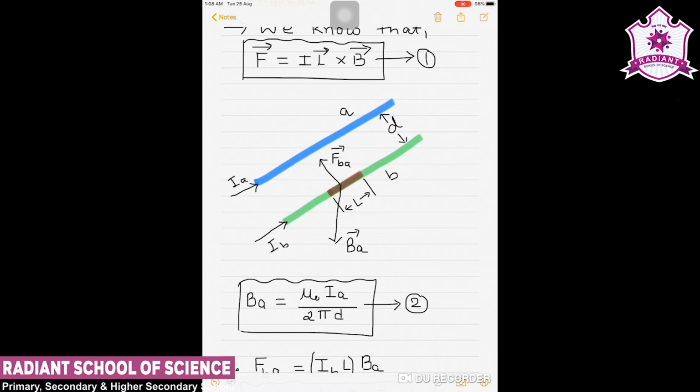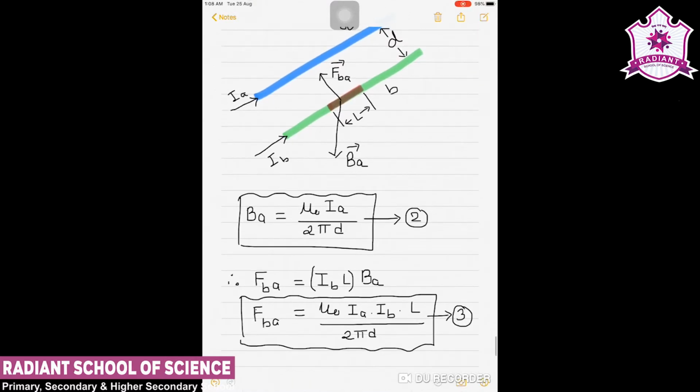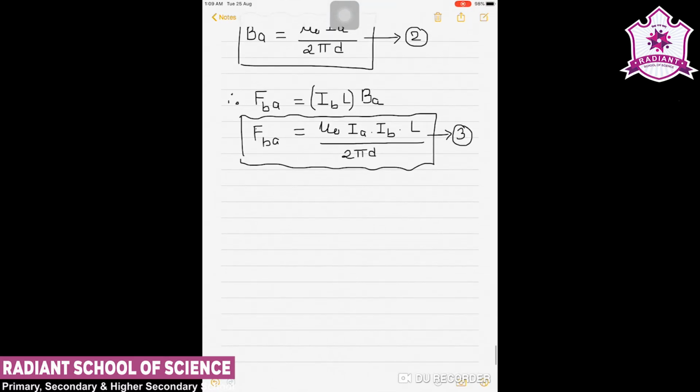So if FBA is shown moving from B to A, in the same manner FAB will be from A to B. It is just like Newton's law.